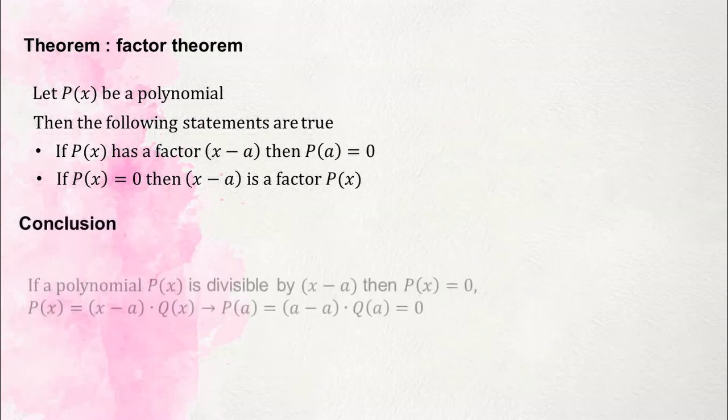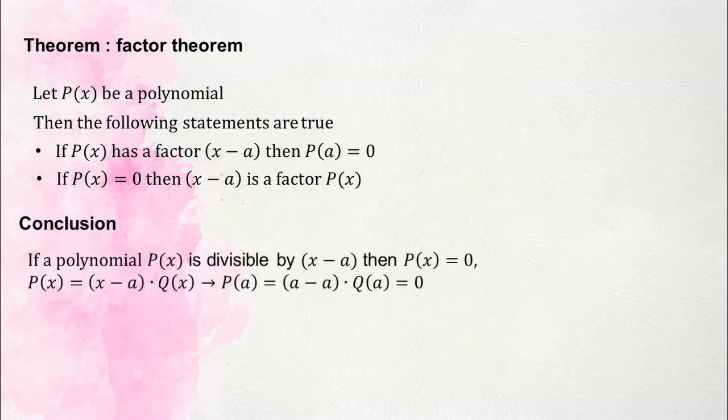And then the conclusion, the first, if a polynomial p(x) is divisible by x minus a, then p(a) equals 0, you can find p(x) equals (x minus a) times q(x). It's also equal to p(a) equals (a minus a) times q(a) equals 0.